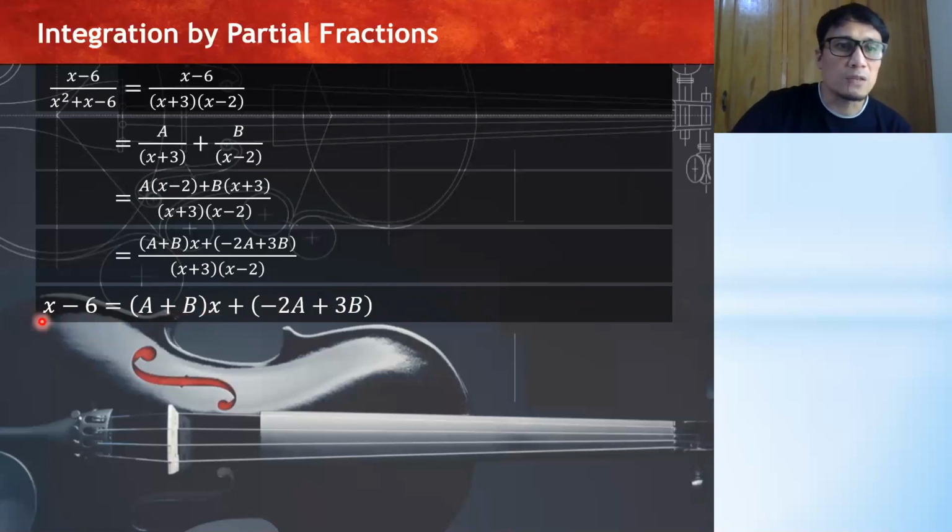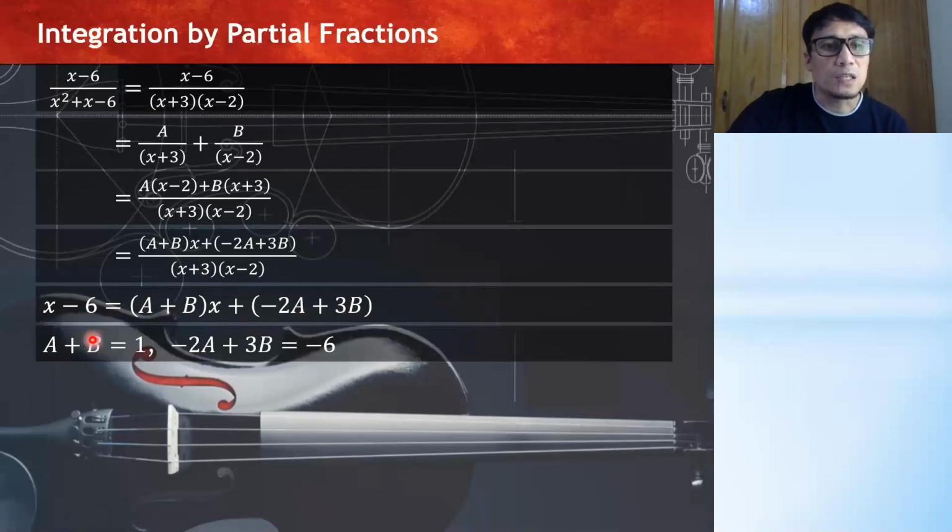That means that we equate their coefficients. So you have A plus B equals 1, and the constant term with the constant term here. So we have this system of equations in A and B variables. You know how to solve this, right?